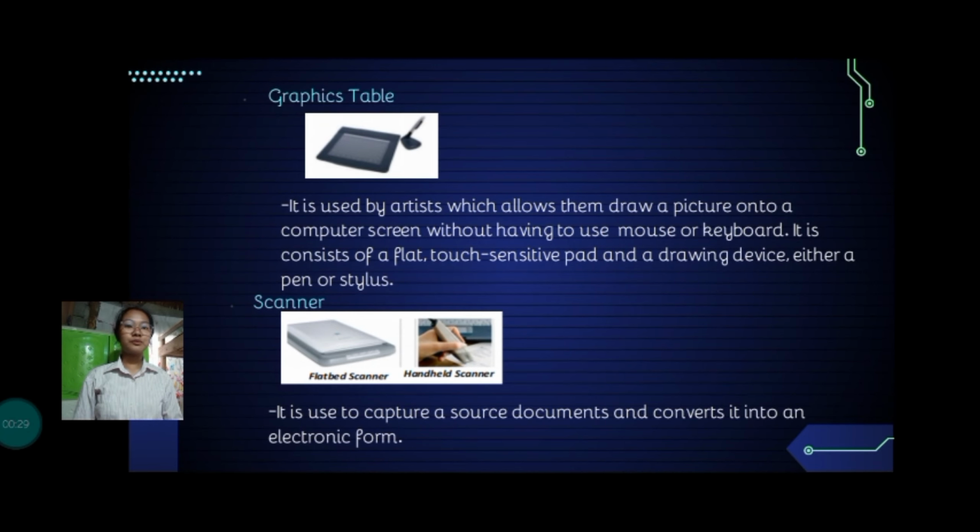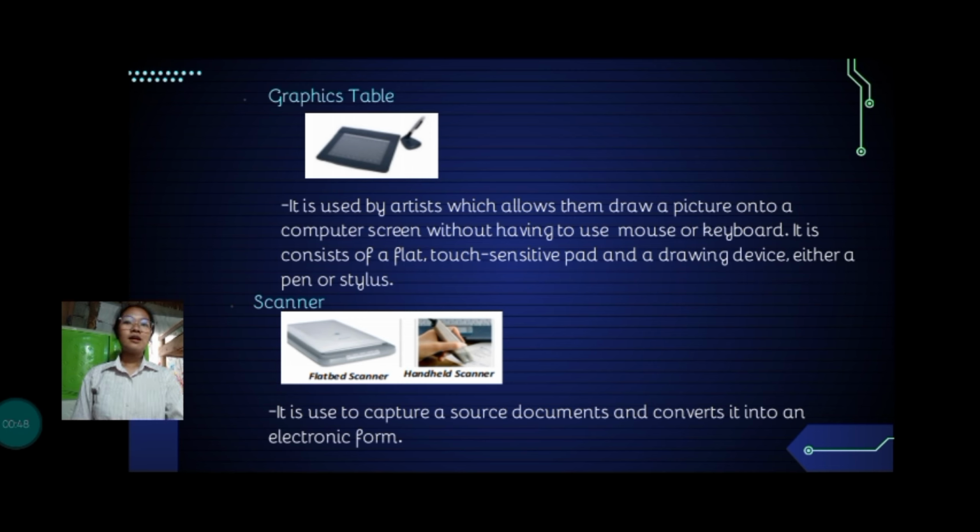Next, we have a graphic tablet. A graphic tablet is a device that consists of a flat, touch-sensitive pad used by the artist that allows them to draw a picture on a computer screen without having to use a mouse or a keyboard.